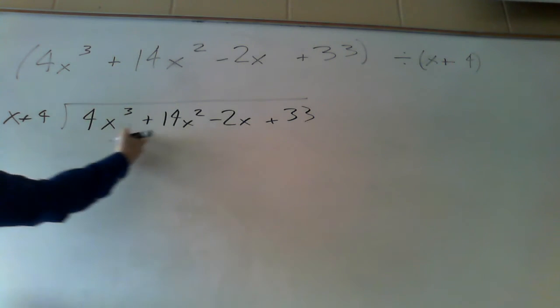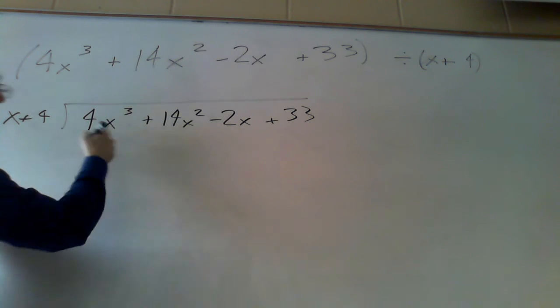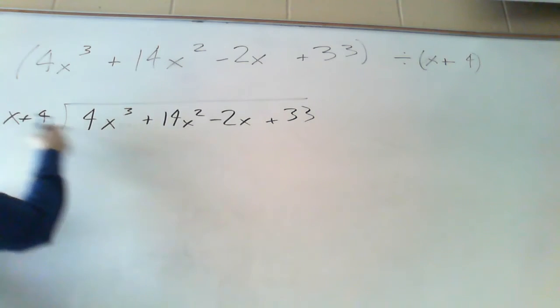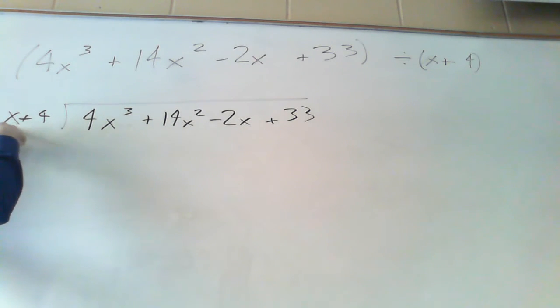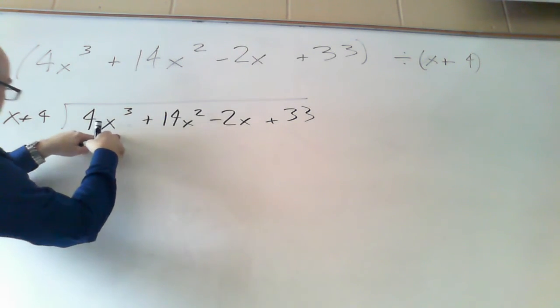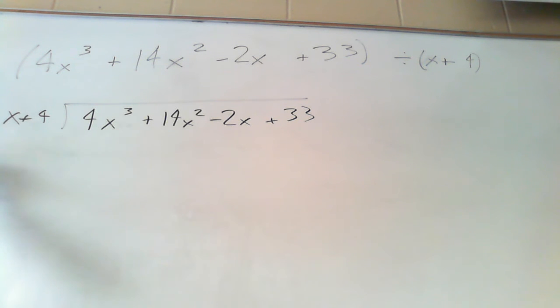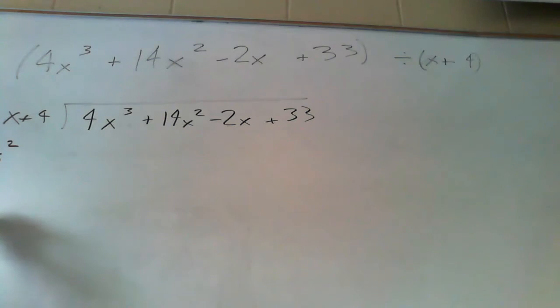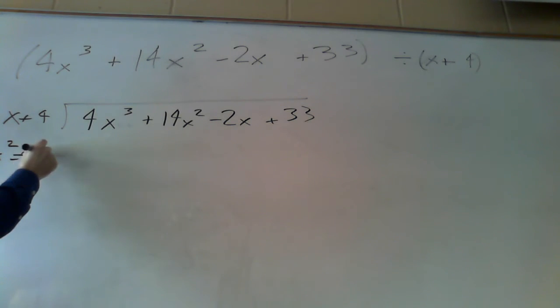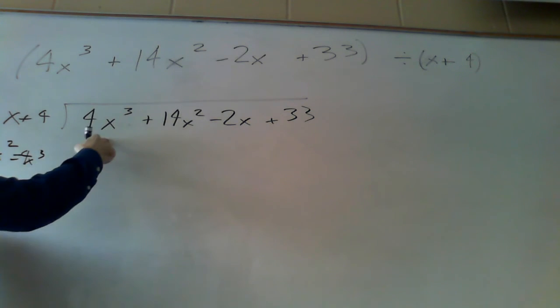So what can I multiply x plus 4 by? Focus on this first term to the left. X, what will make the x effectively neutralize the 4x cubed here? If I multiply x times 4x squared, that gives me 4x cubed. And that will eliminate that.